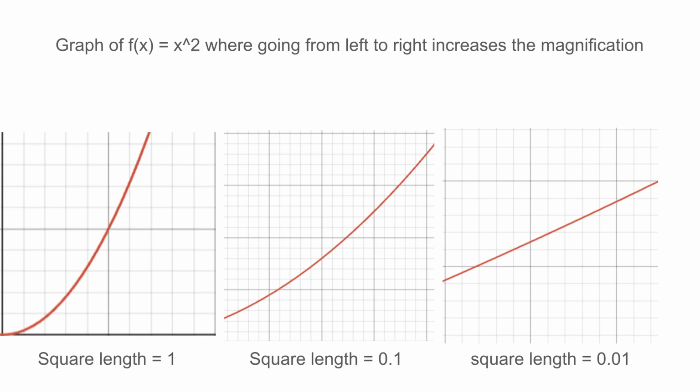The first graph has square length 1, whilst the second one has square length 0.1, and the third has a square length of 0.01. The more we zoom in, the straighter the line gets, and so the more it resembles a linear line, which means we could use change in y over change in x to find the gradient of that line.